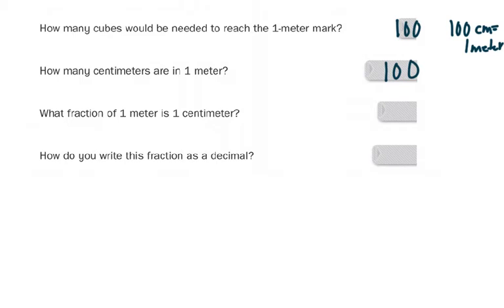What fraction, if I just had 1 cube, go ahead and write the fraction that it would be for the entire length of the meter stick, which is 100 centimeters. 100 would be my denominator because it would take 100 cubes to be the entire length of a meter, and I have just 1. Now go ahead on your whiteboard and write that as a decimal. How do I write 1/100th? 0 longs and 1 cube.